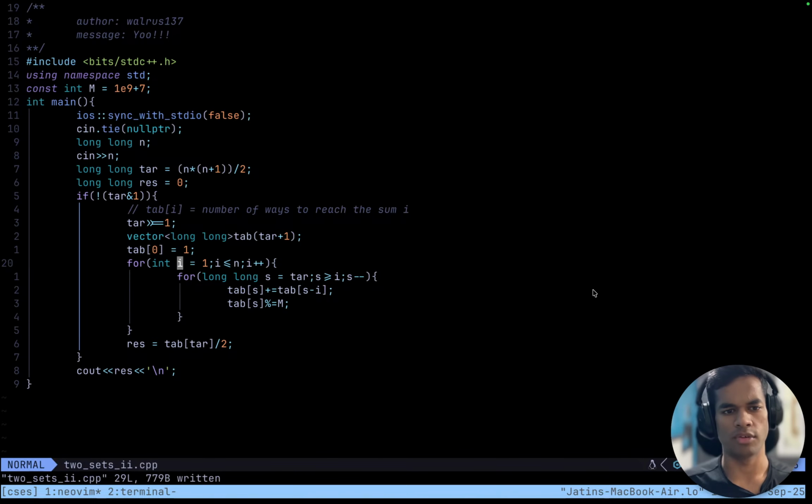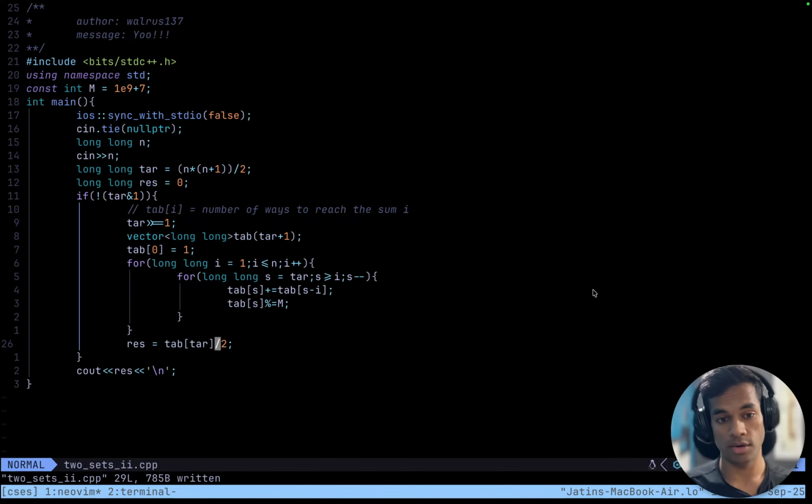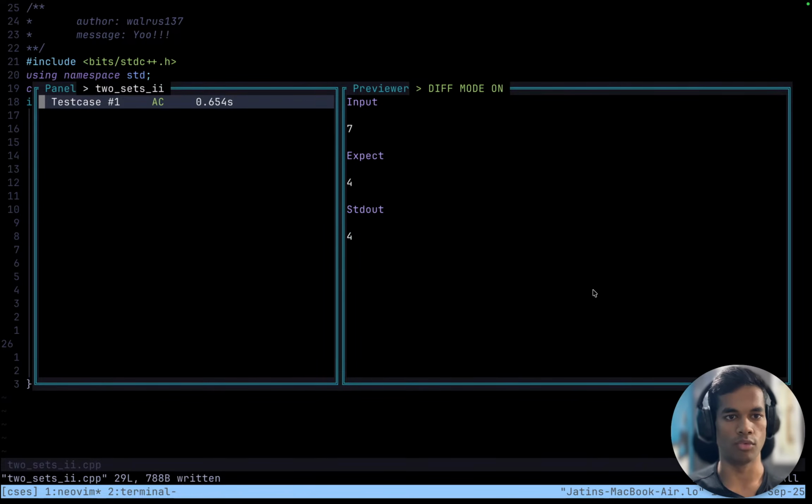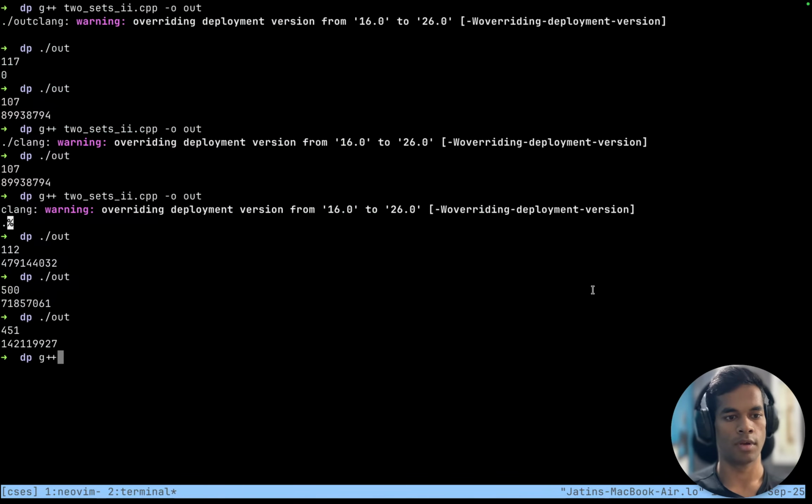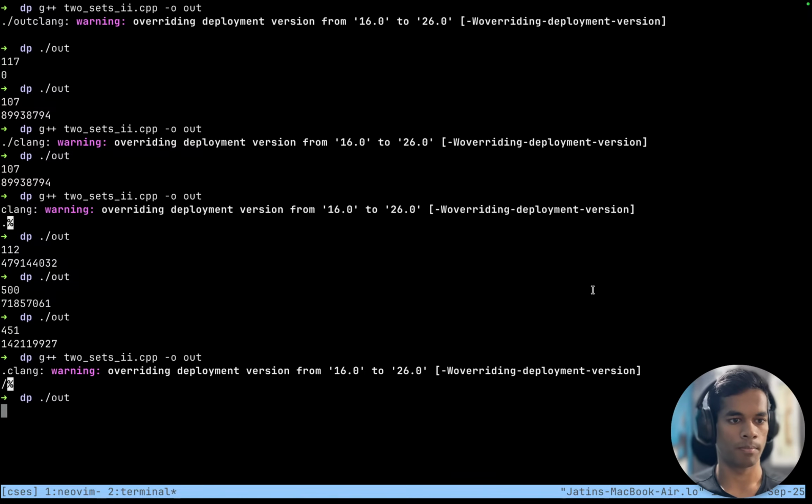Like it is literally sufficient. I don't even have to do this long thing. Here, a division by 2 seems like a bad thing. This thing will be right shifted by 1. Is this the correct syntax? LSB, yep, LSB is not giving any errors, so that is cool. G++, dot slash out 107 is still wrong.